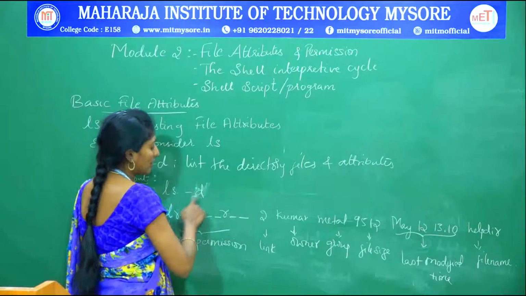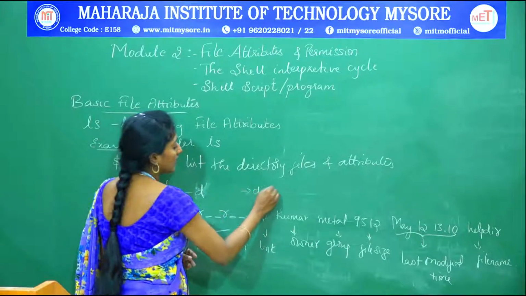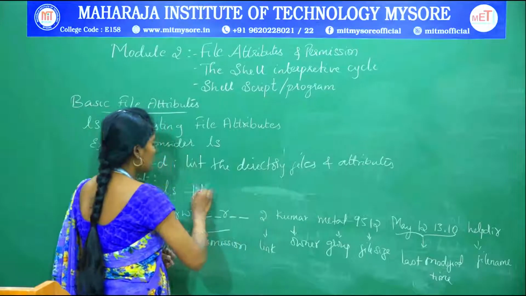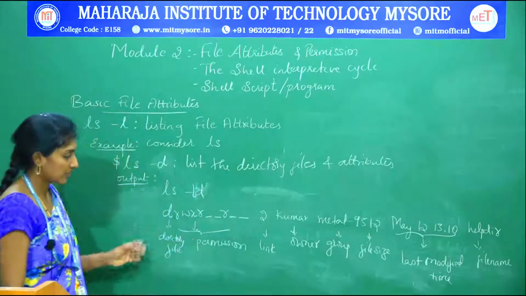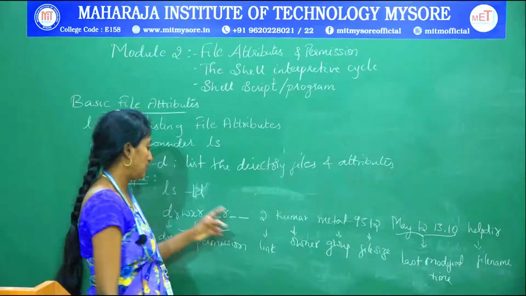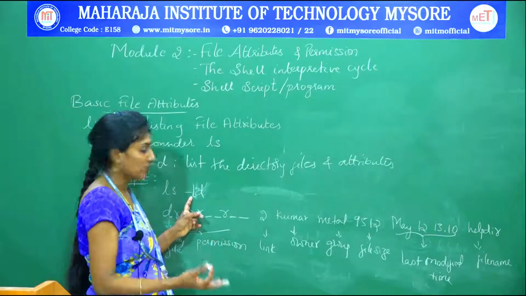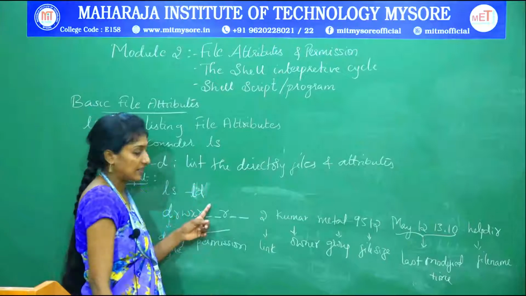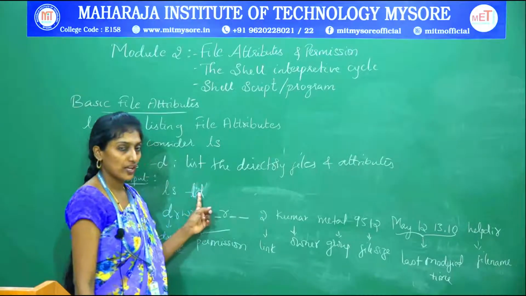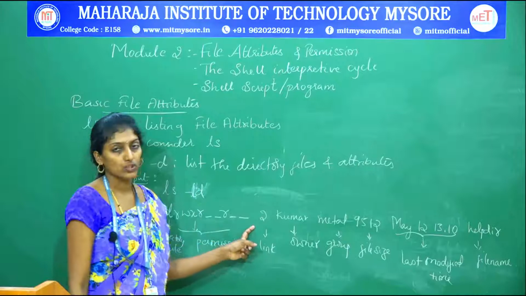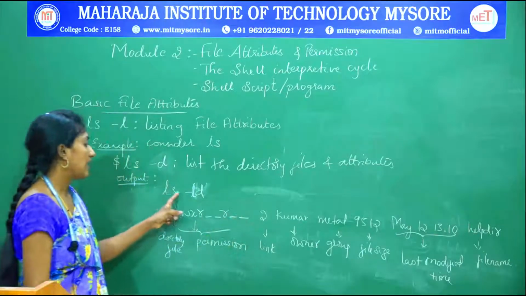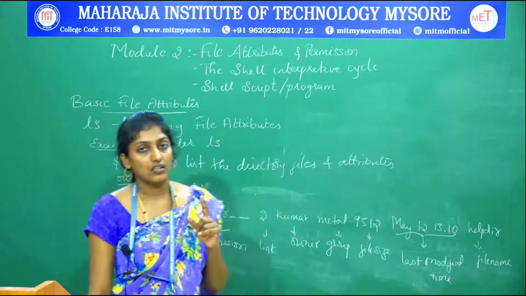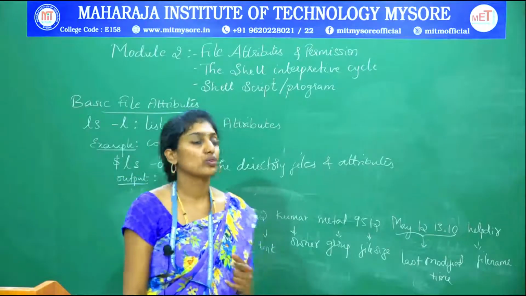Whereas if you want a long listing output of the directory file, then you have to use -l and then d. You can combine two options together like this. This is the output you are going to get if you execute ls -l and d. So this is about your ls -l command, and one more is what?